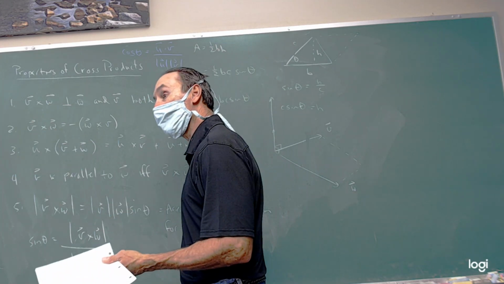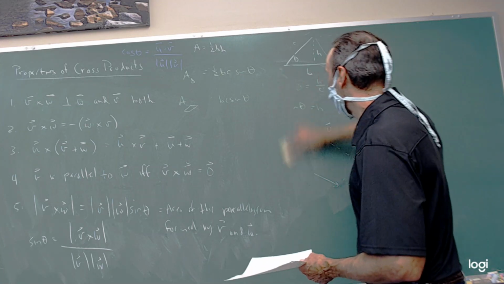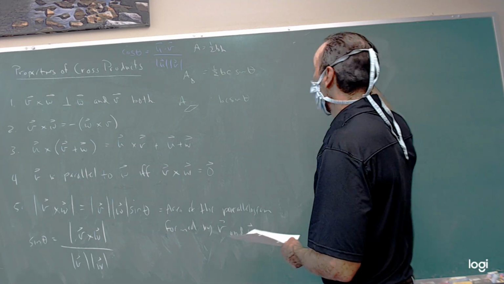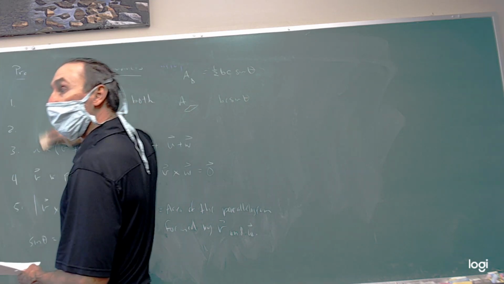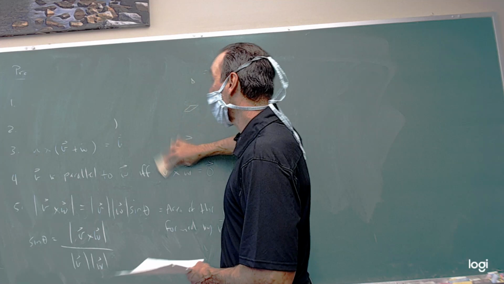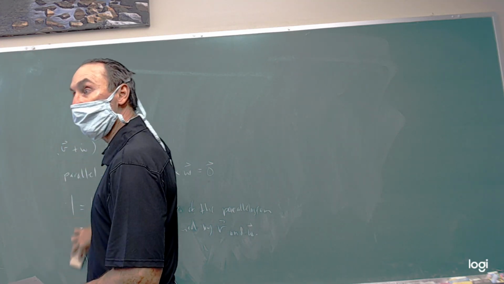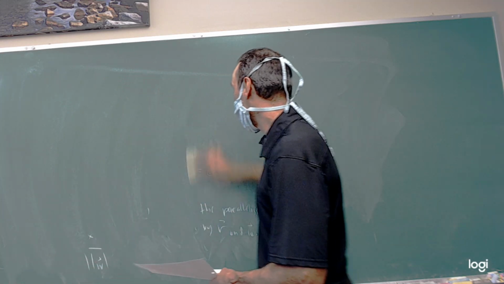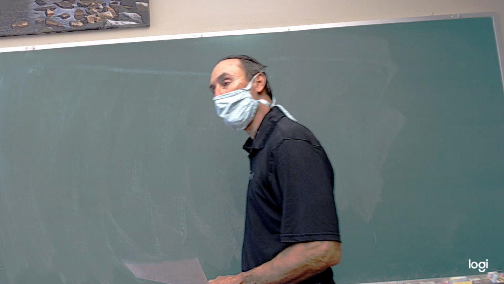If we have 2 vectors, we can find a vector perpendicular to them. So if we have 3 points in a plane, we can create 2 vectors from those 3 points. We can take the cross product of those 2 vectors to get a vector perpendicular to both of them, which will then make it perpendicular to the plane. And then we're on the way to finding the equation of the plane.